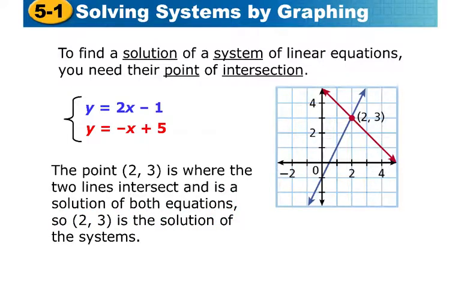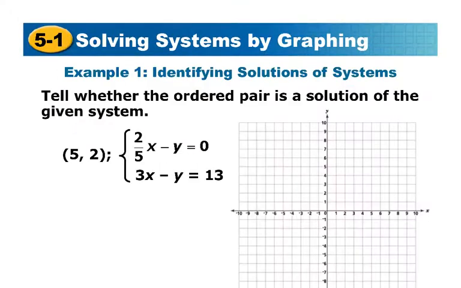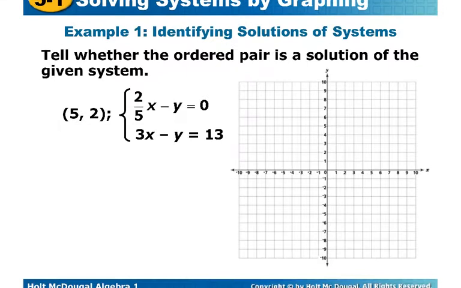For instance, if I put in an x of 2 for this x or this x, I would get a y of 3 back out. And so (2, 3) is the solution of the system. Again, two lines graphed at the same time, that's our answer.